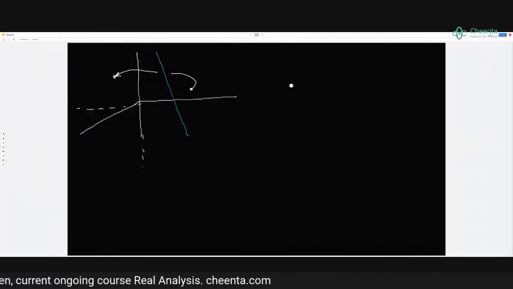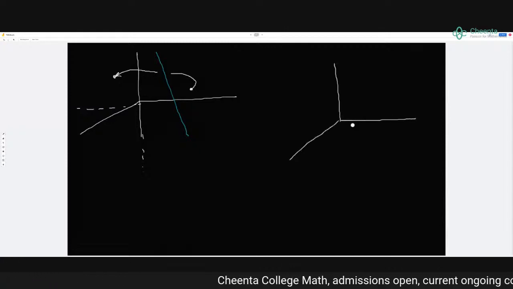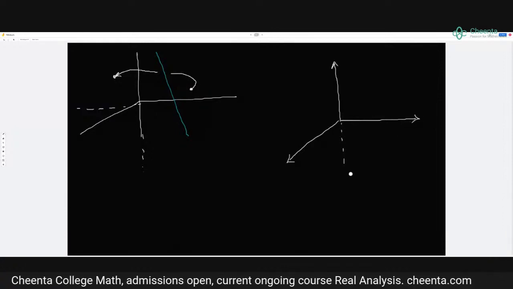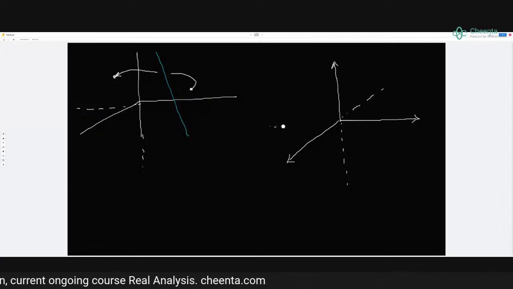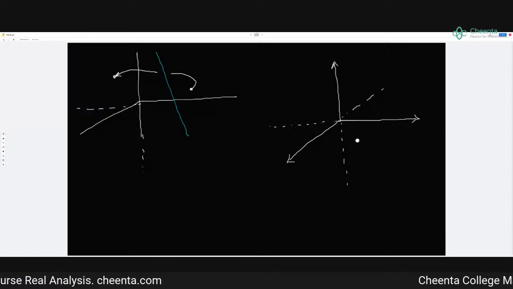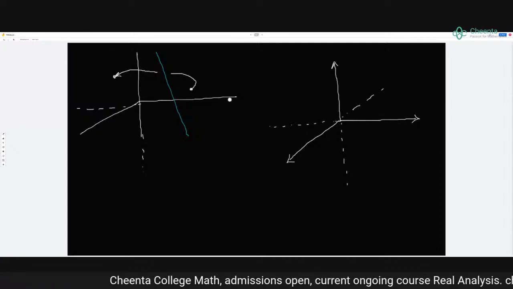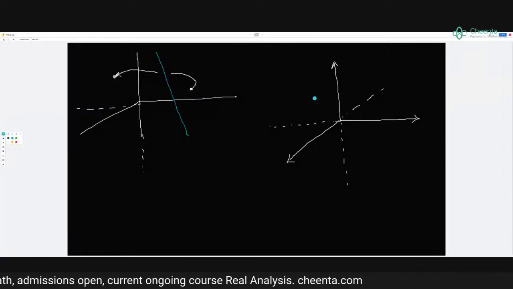So in R3, let me draw this picture again. If you take any 2 points, you can construct a sphere on whose surface these points are lying. Let's say you take P1 and P2.